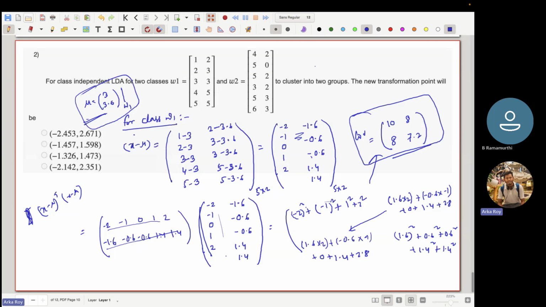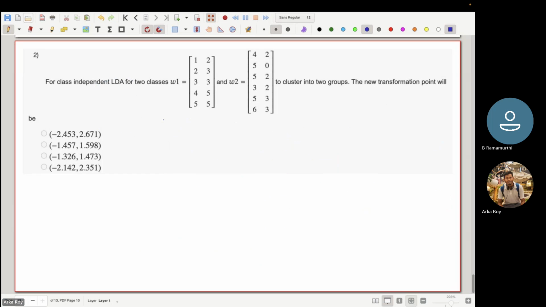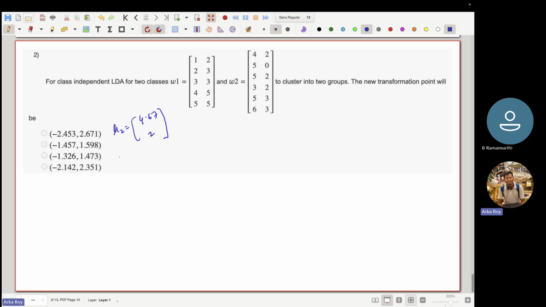Now we have to calculate for class omega 2. So let me just take another page. For class omega 2, we have already calculated mu 2, which is 4.67 and 2. Now we have to calculate the covariance matrix, which is x minus mu transpose x minus mu.